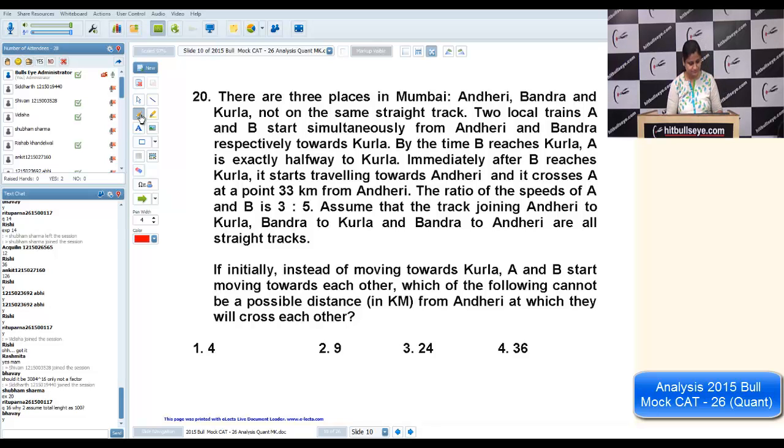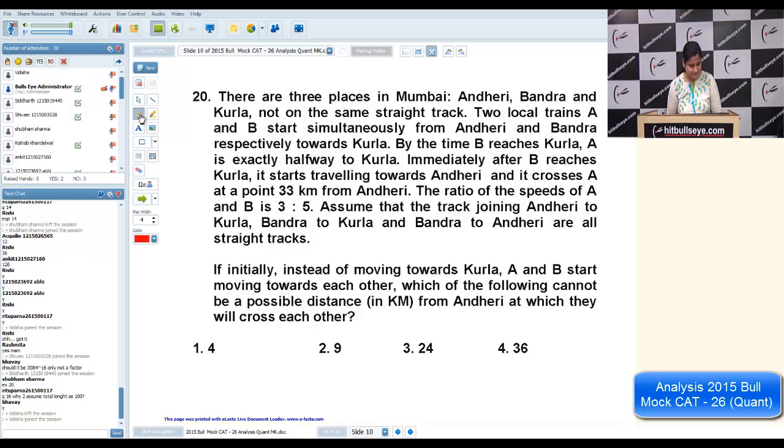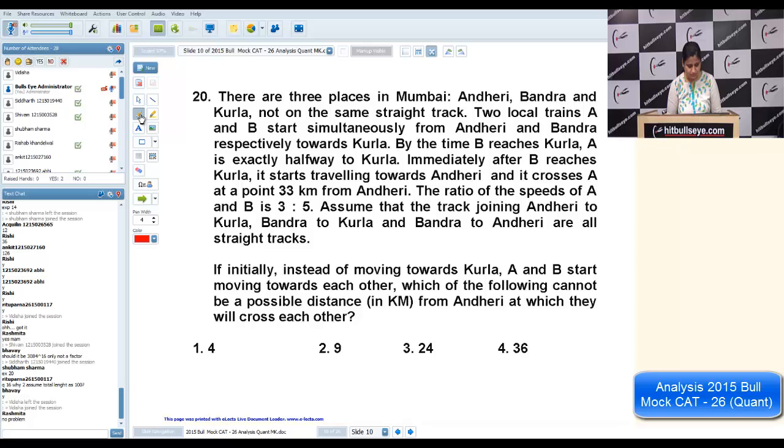Twentieth. Rituparna, I'll discuss this question. I have that question in my PPT as well. Yeah, any problem in the whole set?